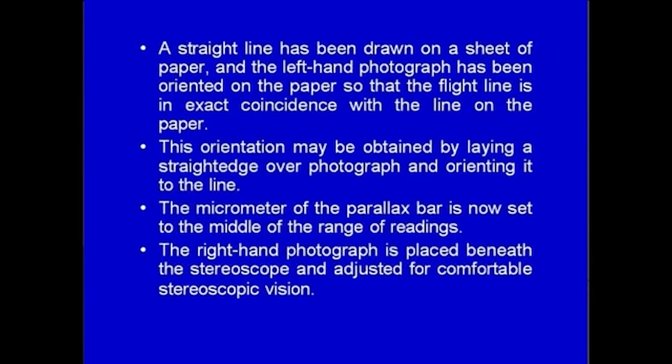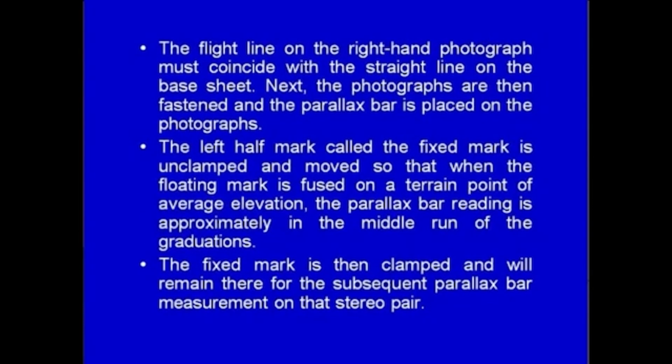The micrometer of the parallax bar is now set to the middle of the range of the readings. The right hand photograph is placed beneath the stereoscope and adjusted for comfortable stereoscopic vision. The flight line on the right hand photograph must coincide with the straight line on the base sheet.